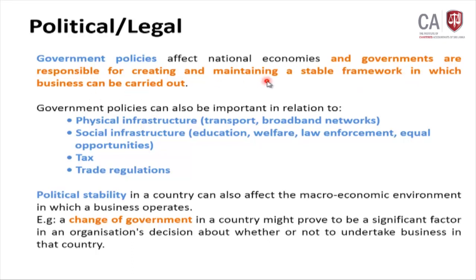If the government has not established a very good stable environment, the companies cannot handle their business in a profitable manner. So that affects the organizations. Government policies can be important in relation to physical infrastructure, transport, broadband network, social infrastructure, education, welfare, law enforcement, equal opportunities, tax and trade regulations.